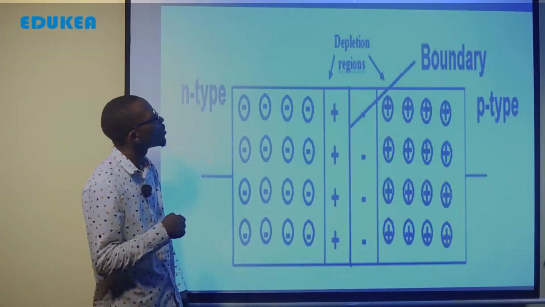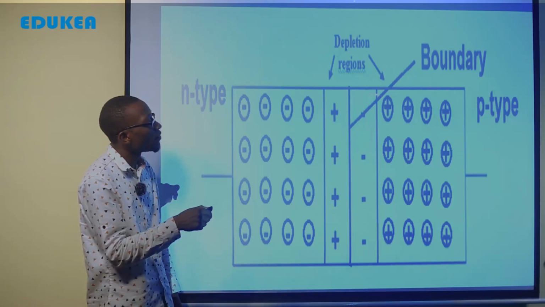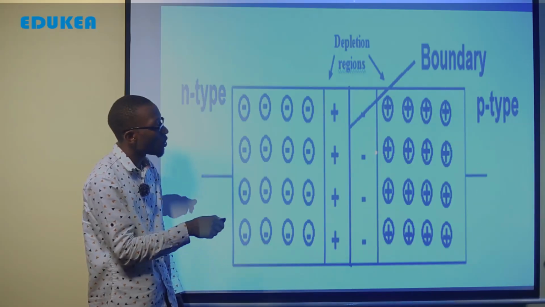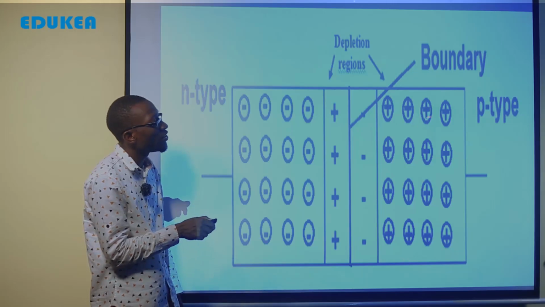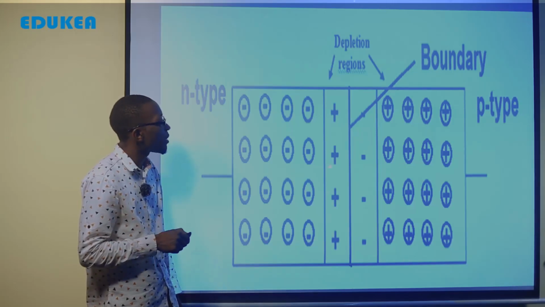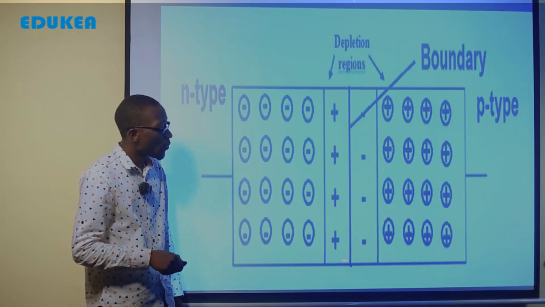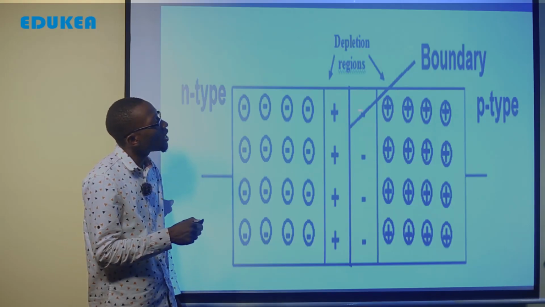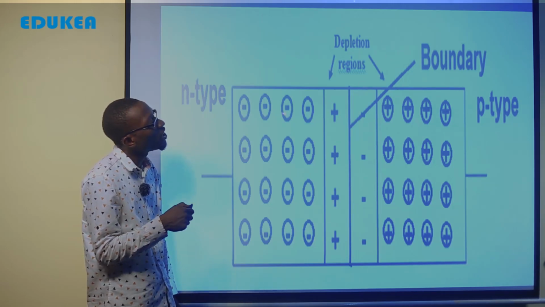Look at this diagram. So this is the N type semiconductor and this one is the P type semiconductor. In the P type semiconductor, the majority charge carrier is positive, and in the N type semiconductor, the majority charge carriers are negative. From here, the positive and negative tend to cancel each other and form a boundary, a depletion layer.